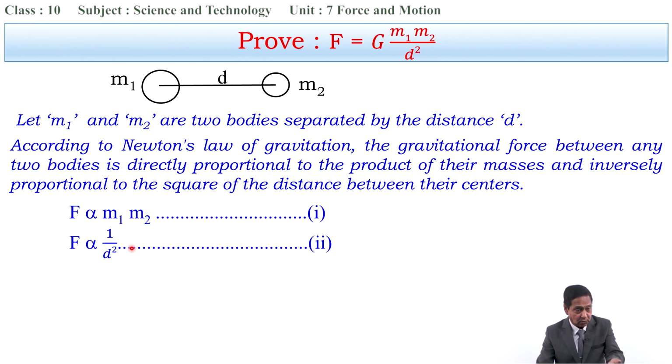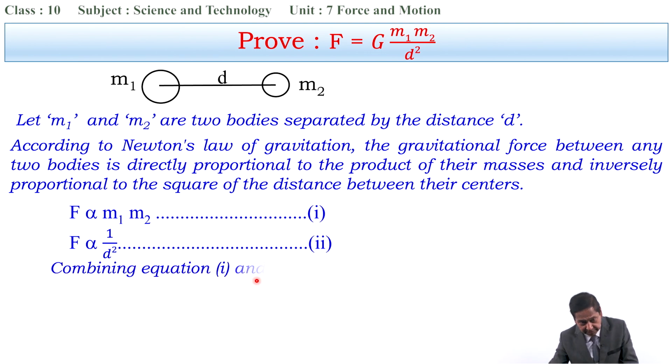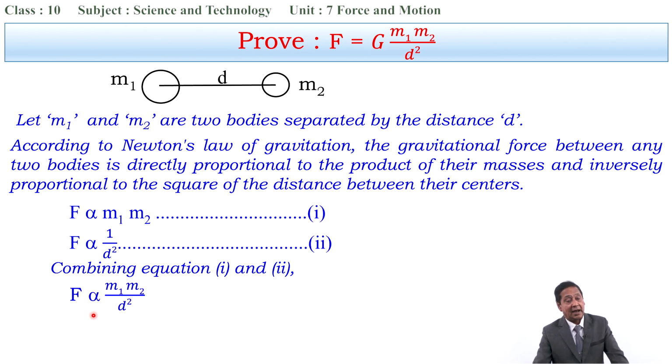We get these two equations from this law, and if these two equations are combined with each other, combining equation 1 and 2, what do we get? F, gravitational force, is directly proportional to m1 m2 and inversely proportional to d square. Now, look at this.